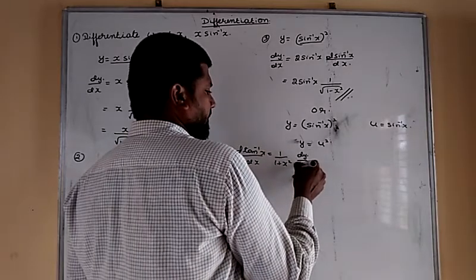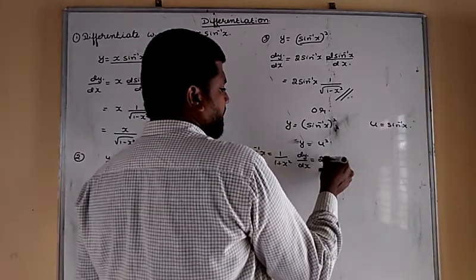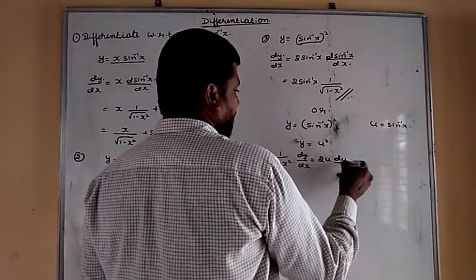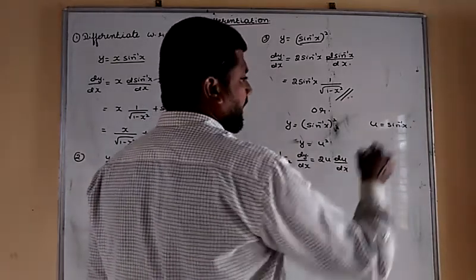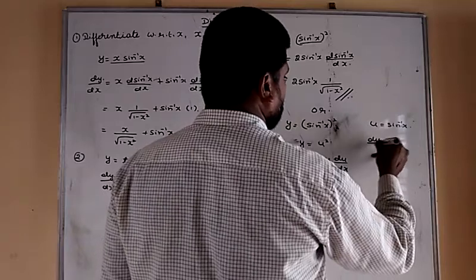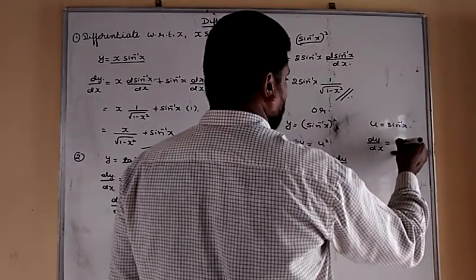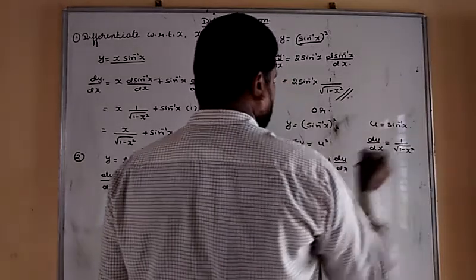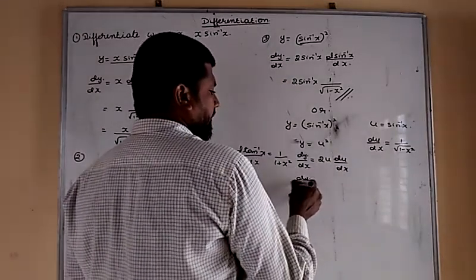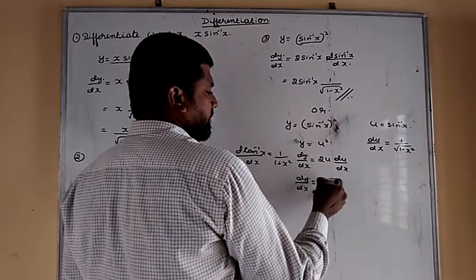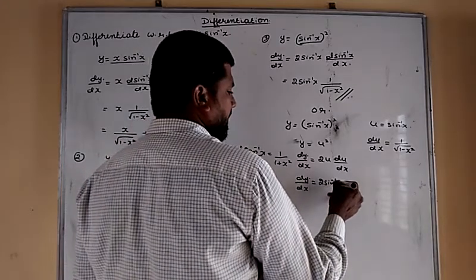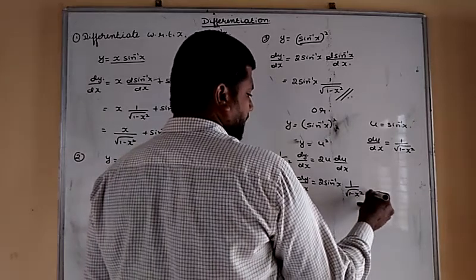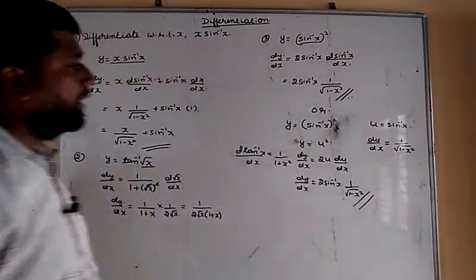Differentiation of y with respect to x, then u square differentiation is 2u. Again with respect to x you are doing, so there is a u, du by dx. Again here differentiate with respect to x u. So differentiation of u is sine inverse x, differentiation is 1 by square root of 1 minus x square. So then substitute the value of u here. Differentiation of y with respect to x, u value is sine inverse x. Then du by dx means 1 by square root of 1 minus x square. You can follow this method also.